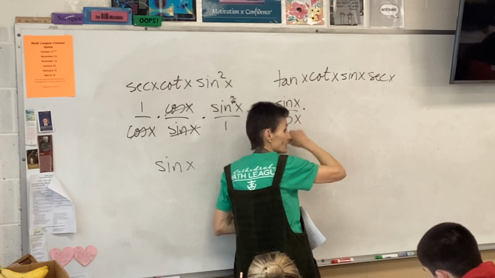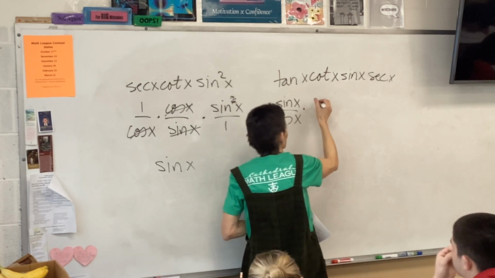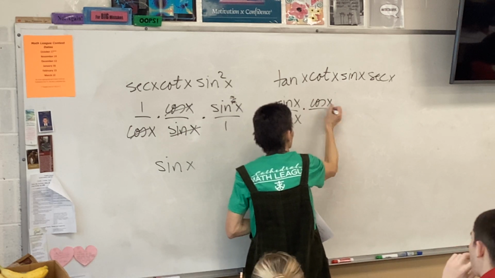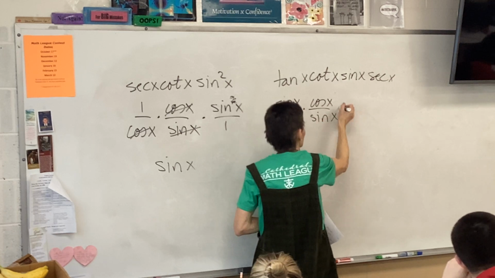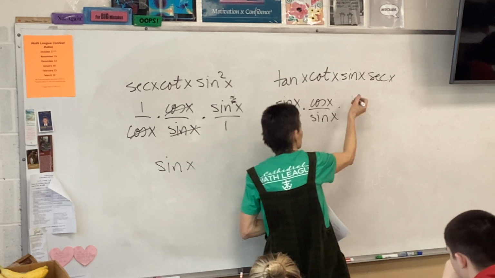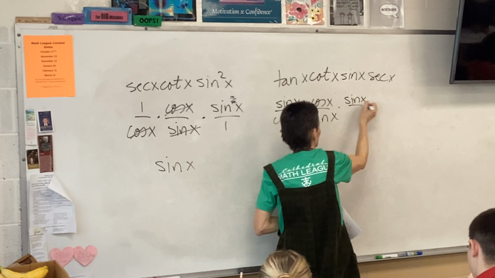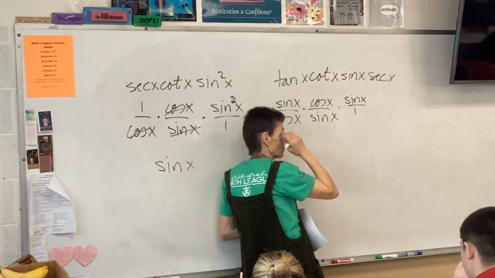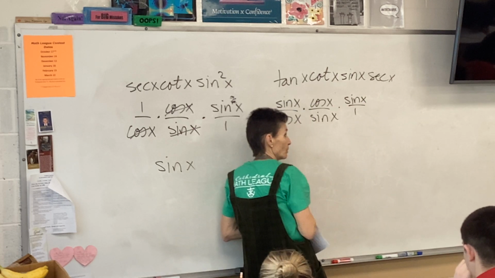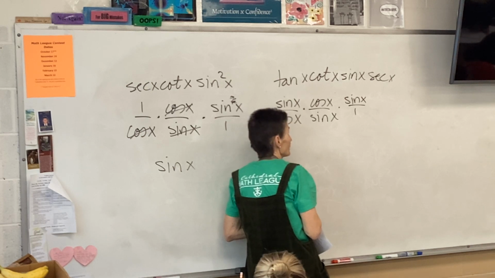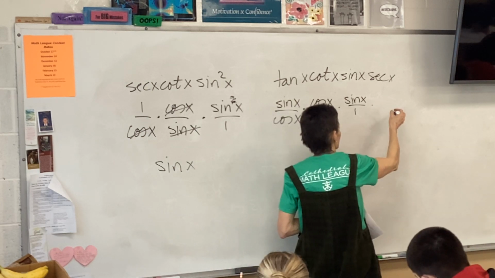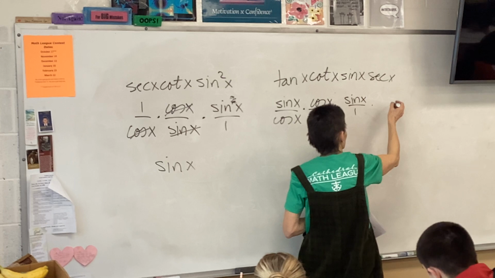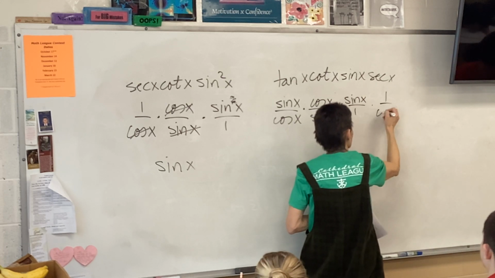And then cotangent, cosine over sine. And then sine over 1. If you're not changing it, just put it over 1. And then secant, 1 over cosine.